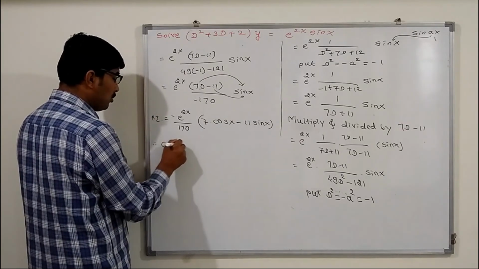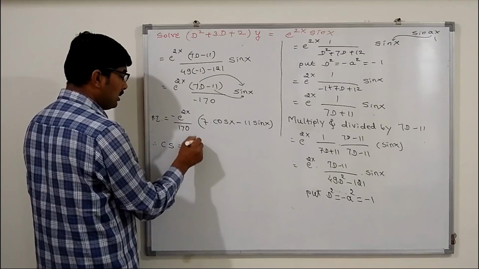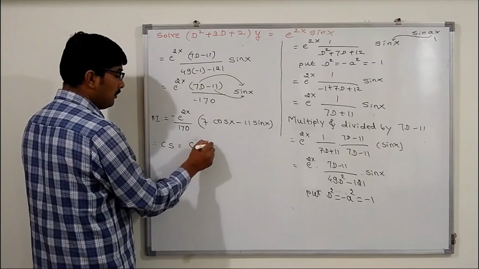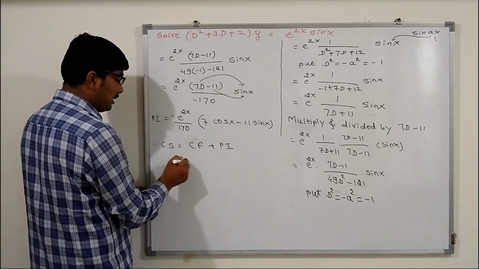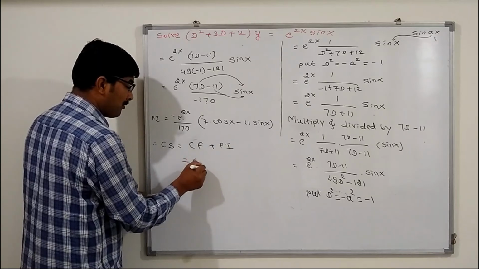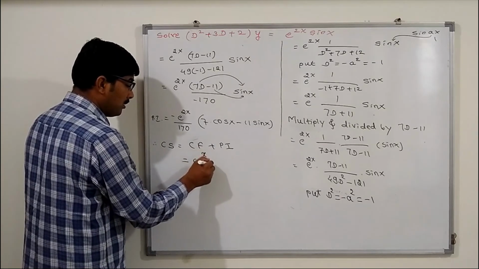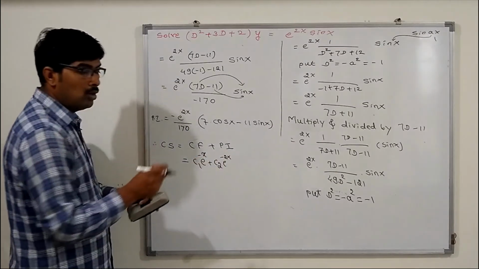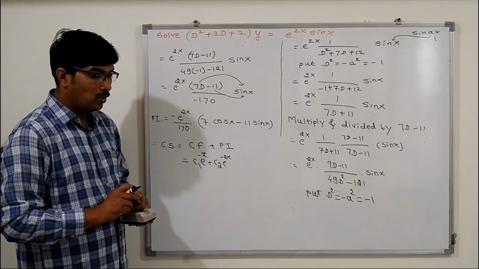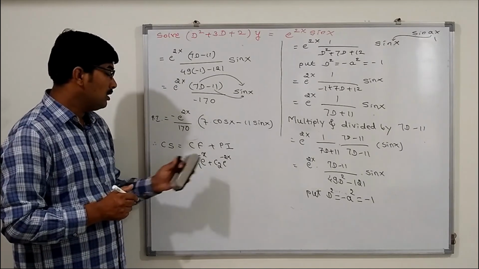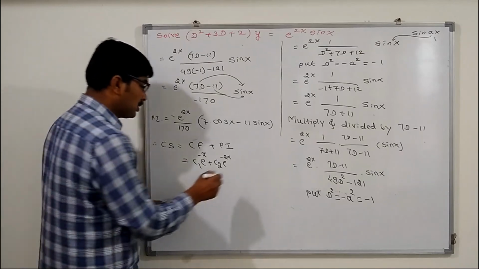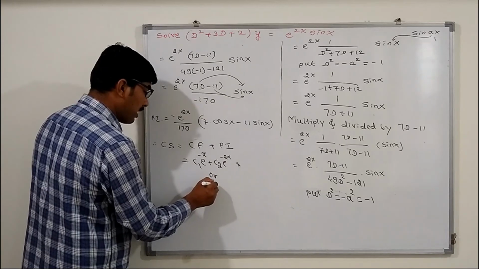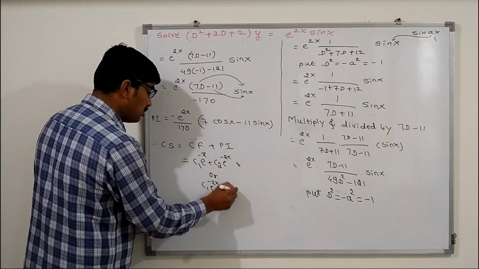Therefore, the complete solution is CF plus PI. What is the complementary function? The complementary function is C1 e raised to minus x plus C2 e raised to minus 2x, as we have two roots, 1 and 2. Or we can also write it as C1 e raised to minus 2x plus C2 e raised to minus x.